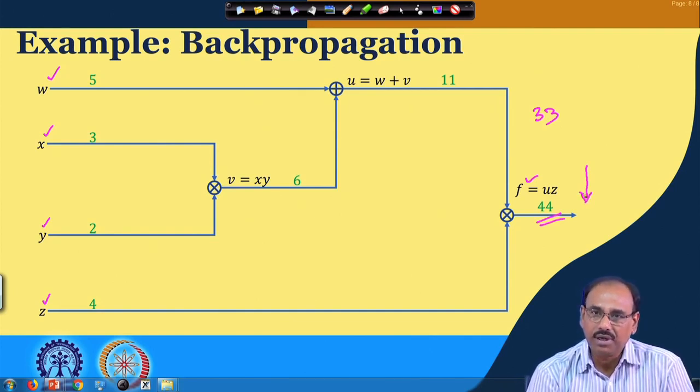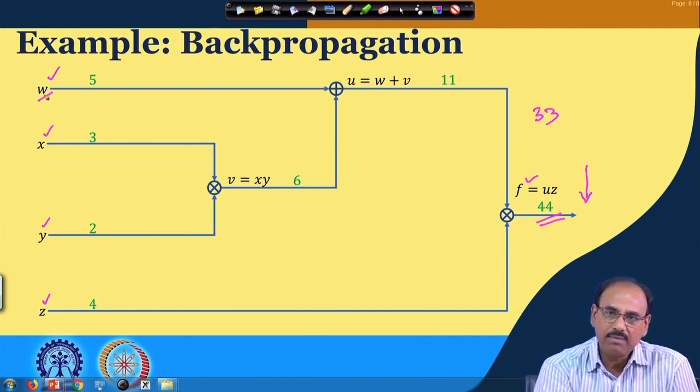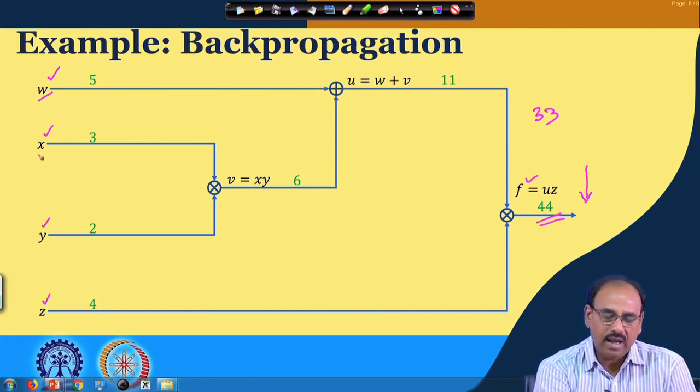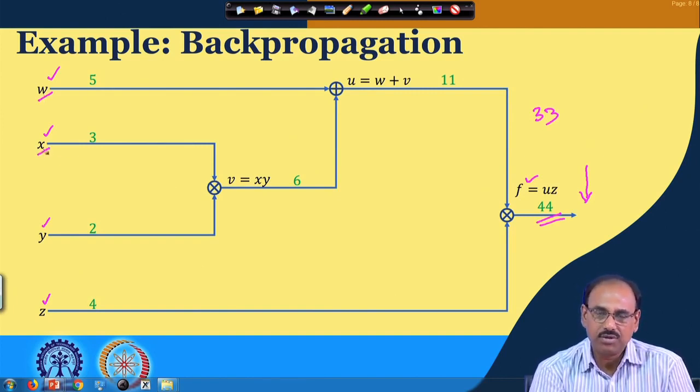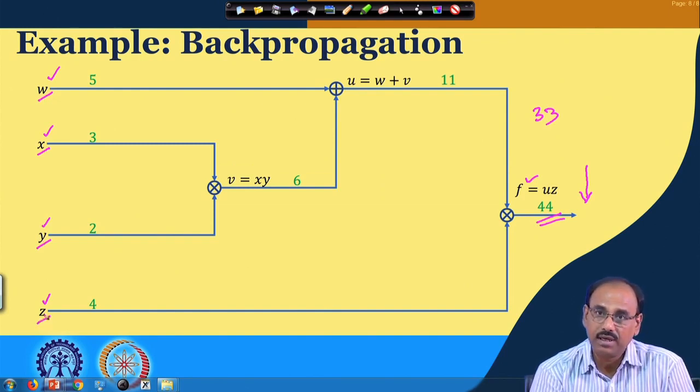So, in order to reduce the value of f, whether I should increase value of w or I should reduce value of w, whether I should increase value of x or I should reduce value of x, whether I should increase value of y or I should reduce value of y, whether I should increase value of z or I should reduce value of z.